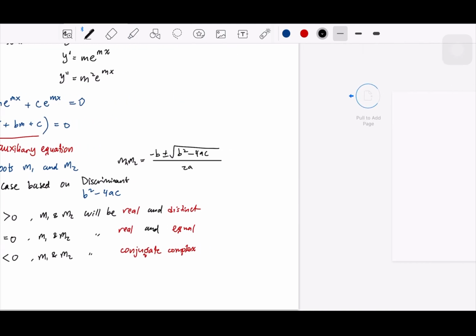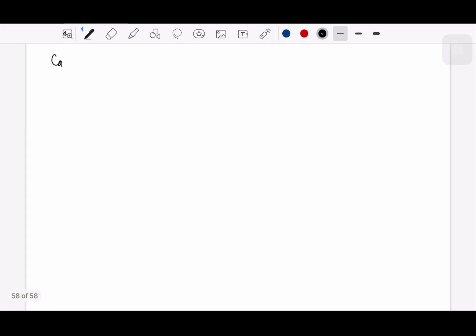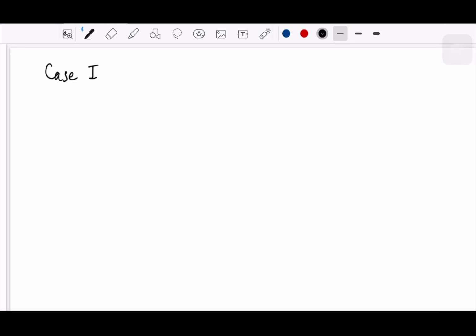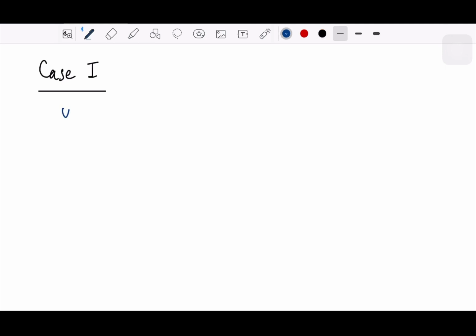So case 1. Let's say the solutions are y1 equals e to the m1x, and y2 is e to the m2x.